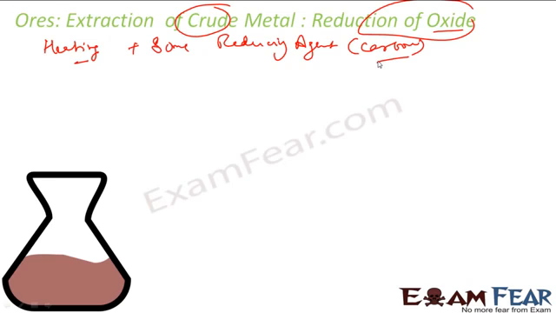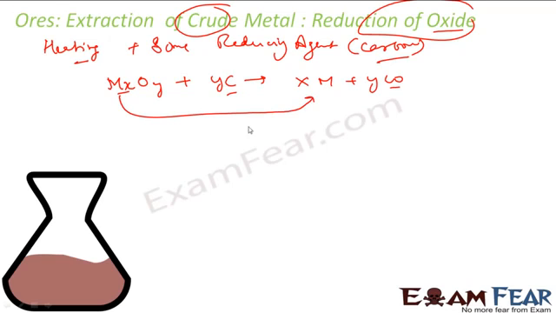It is available, right? So if you see a typical reaction, for example, M is my metal and MxOy is a typical metal oxide. You react it with some carbon, you get xM and yCO. Carbon becomes carbon monoxide and you get the metal. This is the typical reaction. A good example is FeO.